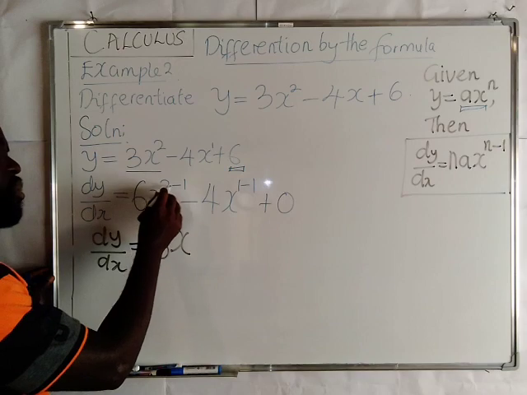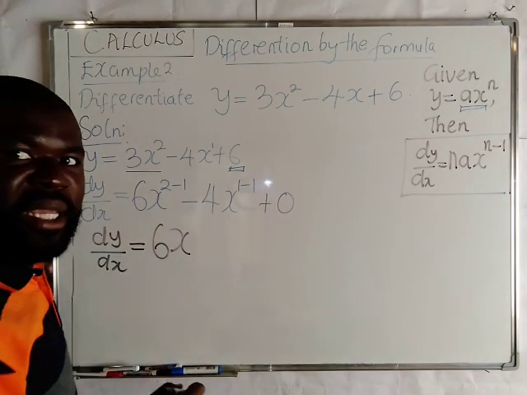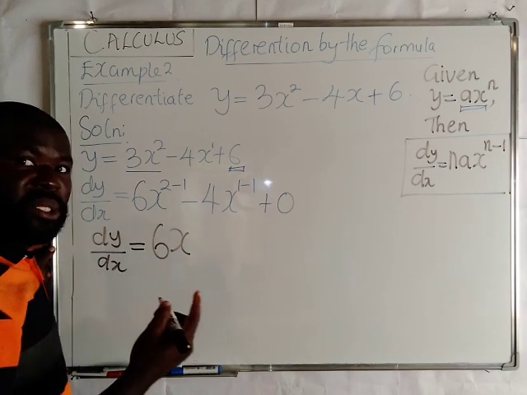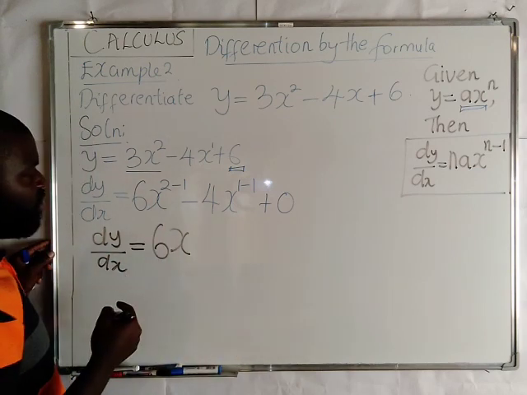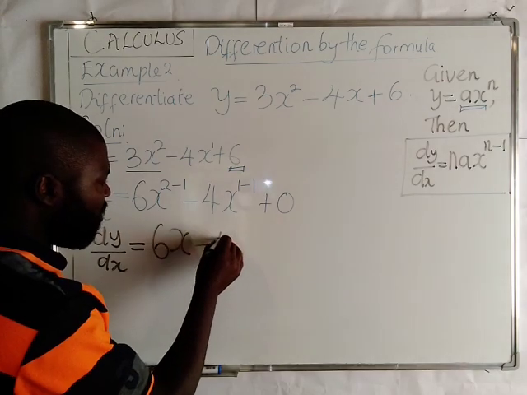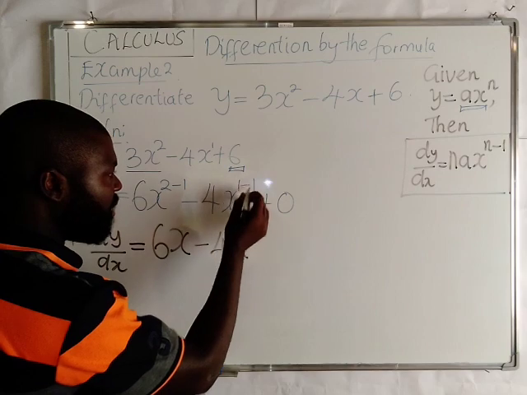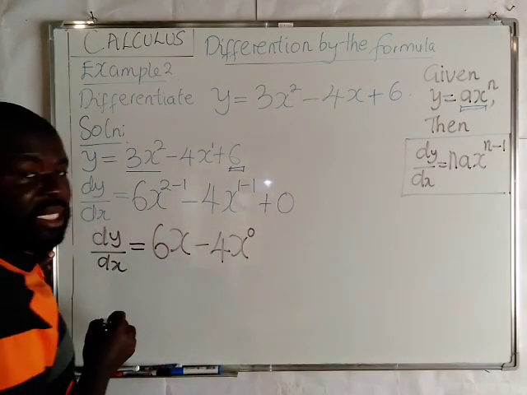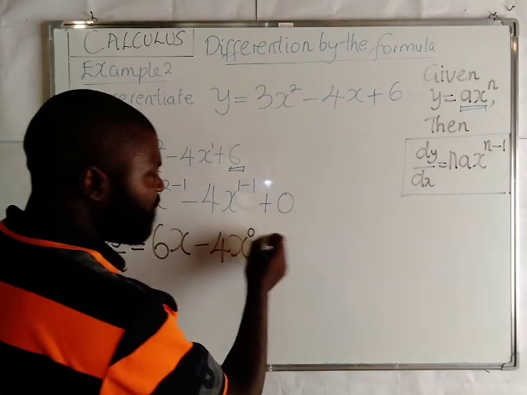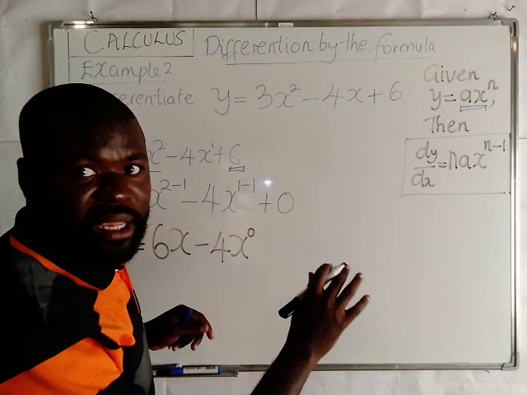You can see 2 minus 1 is 1, but we shall not write a 1 here, as I alluded to earlier. Minus 4x power 1 minus 1, it is x power 0. I will not say plus 0 because it is already plus 0. It means there is nothing here.